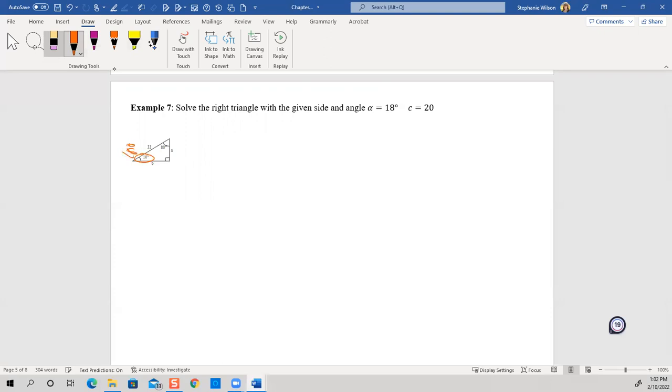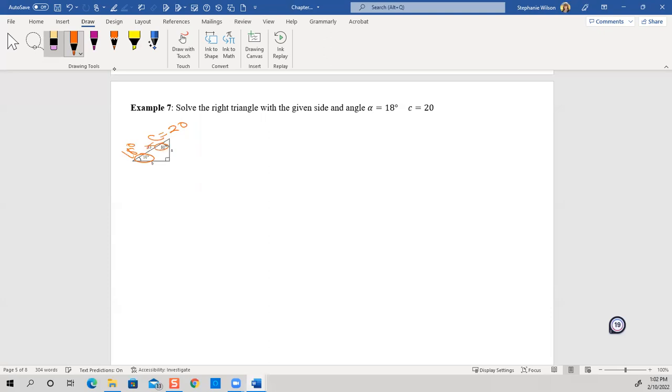And then this here is my C, which is 20.